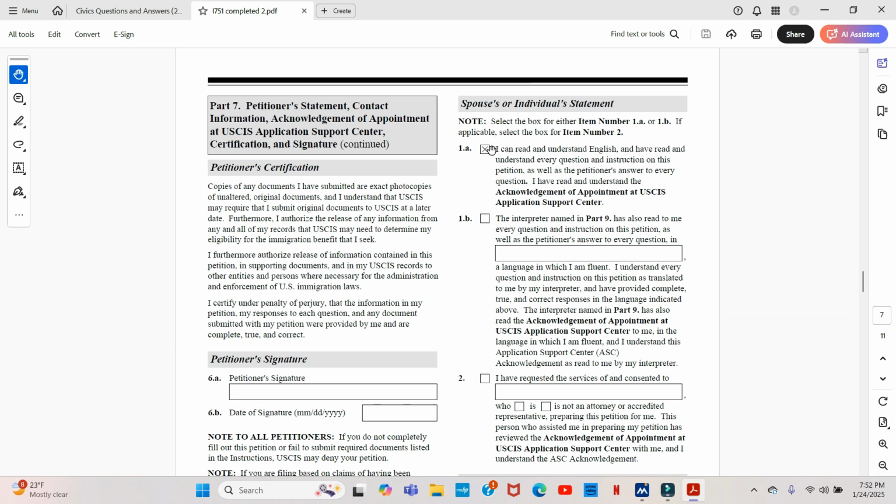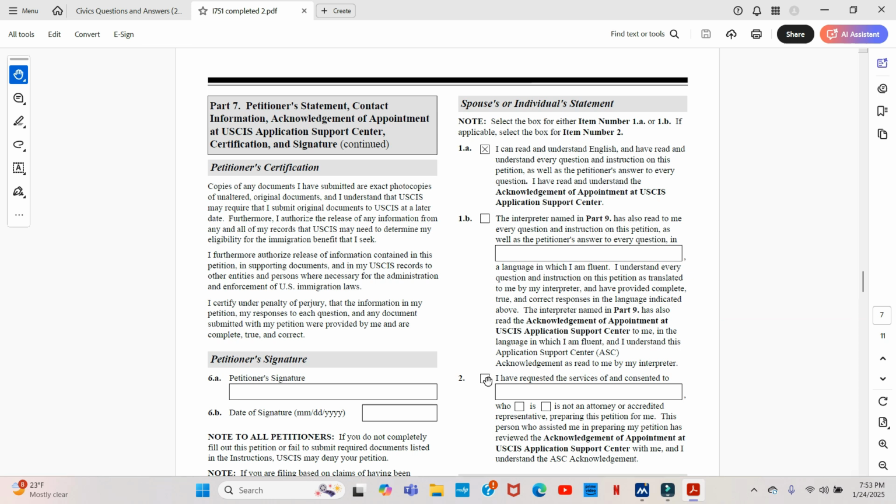You, the applicant, would need to select the box that's applicable to your spouse. If an interpreter was used, write the language communicated in this box. If there was a preparer used, the preparer's name goes in this box.